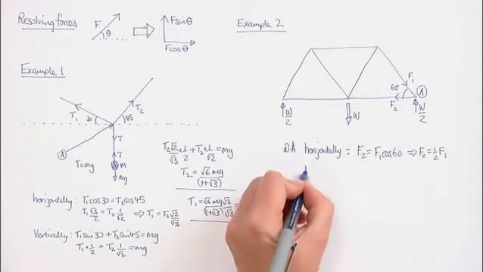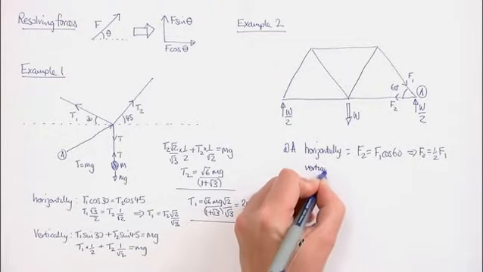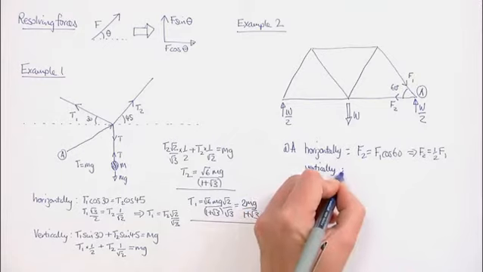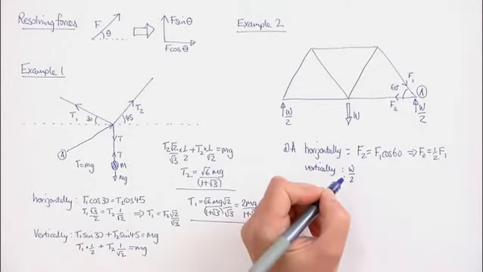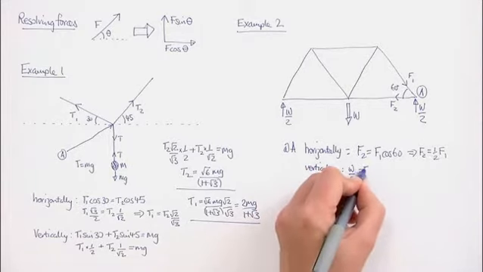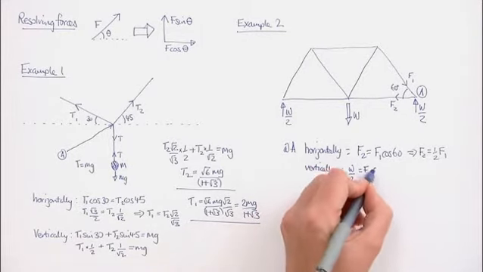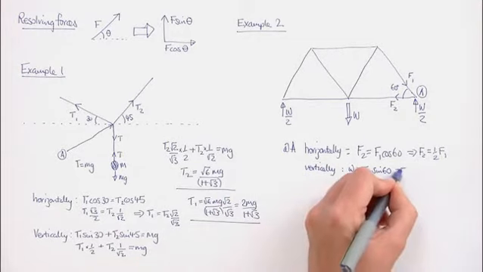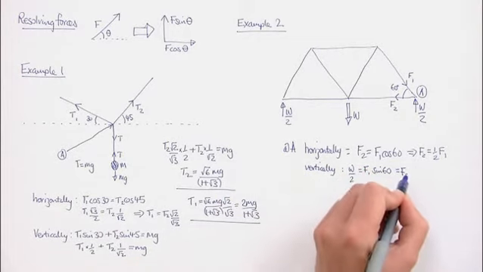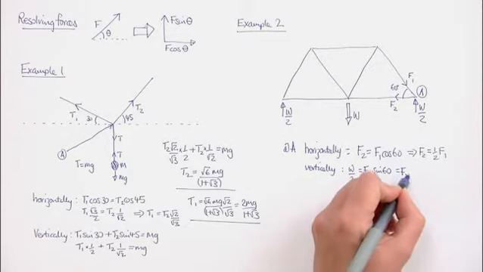Resolving vertically, we have W over 2 is equal to F1 sine 60, which is equal to F1 times root 3 over 2.